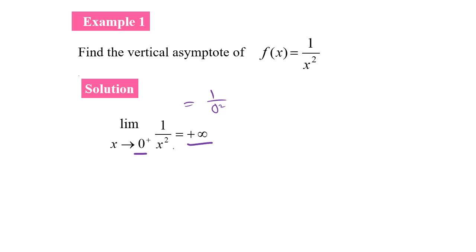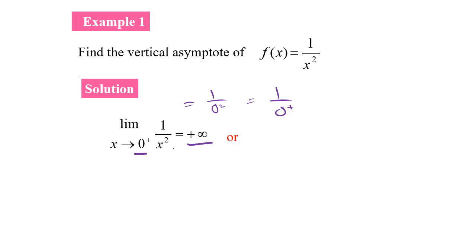This 0 will be positive because it's from the right side, right? So 1 over 0 from the right side is equal to positive infinity.